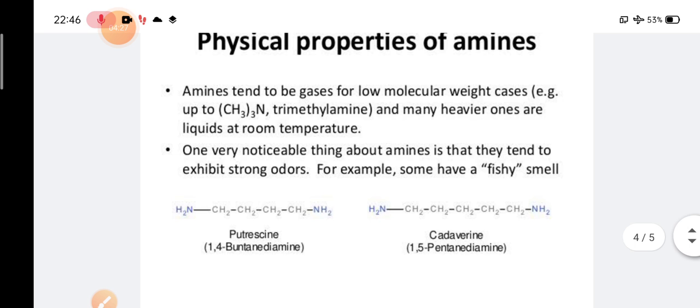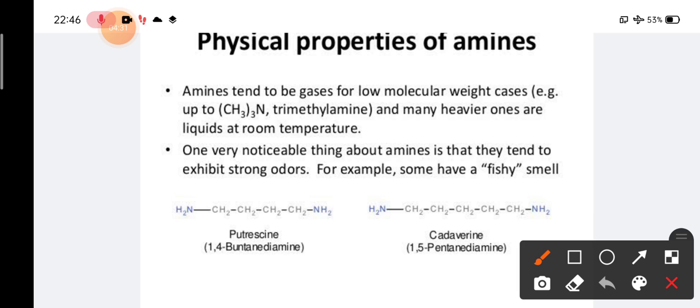Amines tend to be gases for the lower molecular weight cases, such as methylamine and trimethylamine, but many heavier amines are liquid at room temperature. So lower molecular weight amines are mainly gases, whereas the heavier amines are liquid at room temperature.